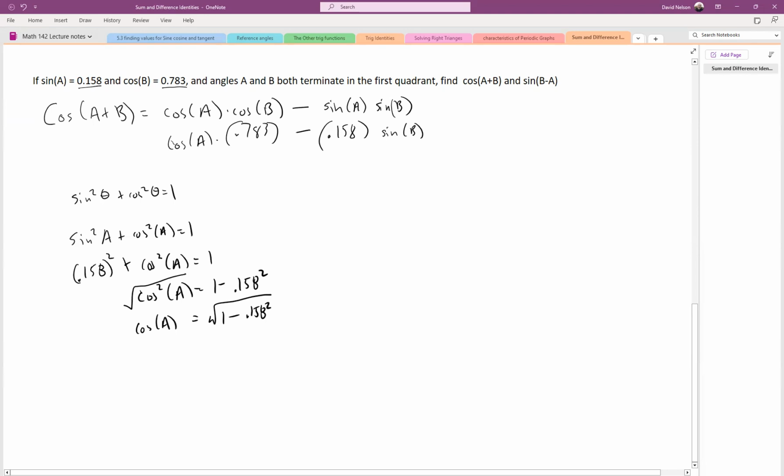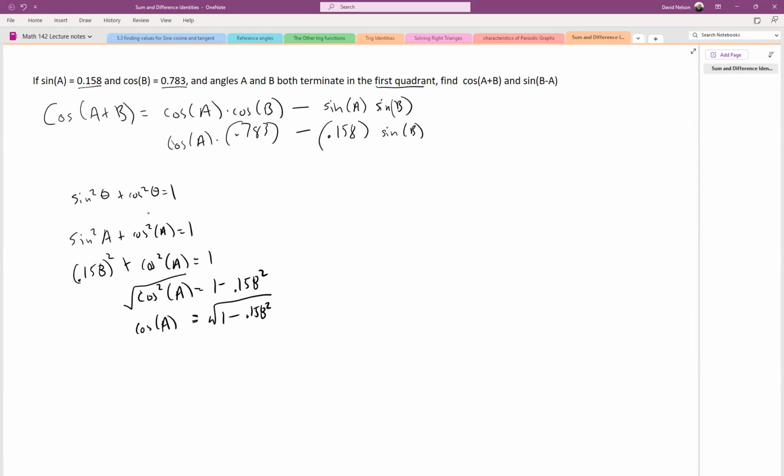And we are in the first quadrant, and in the first quadrant, we know both sine and cosine are positive, so I don't need to worry about the plus or minus with the square root. It could be a positive or a negative number, but since we're in the first quadrant, I know it's the positive one.